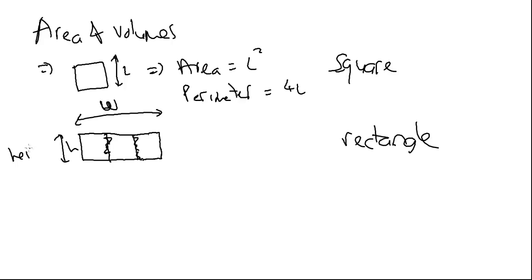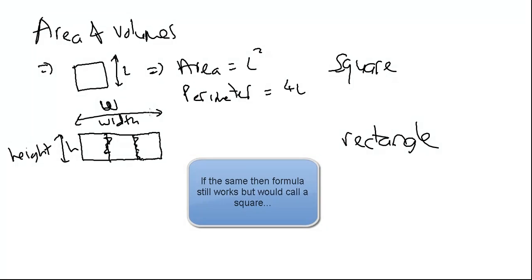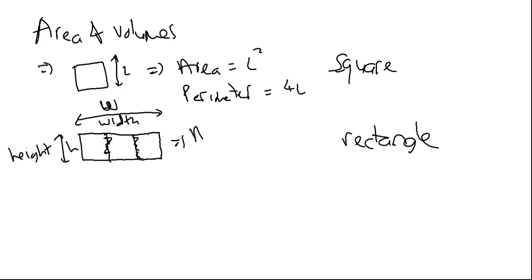So height, width. But basically you have 2 parameters. You have two lengths involved, one smaller, one longer. So if you know that the height is h and the width is w, well, the area is h times w. So let's put in the times to make it clear.